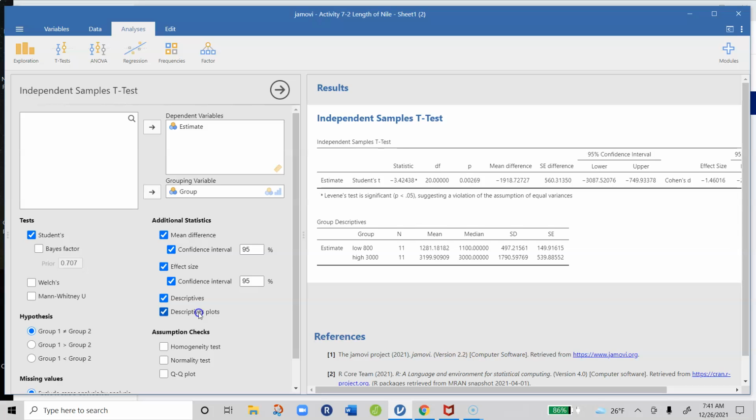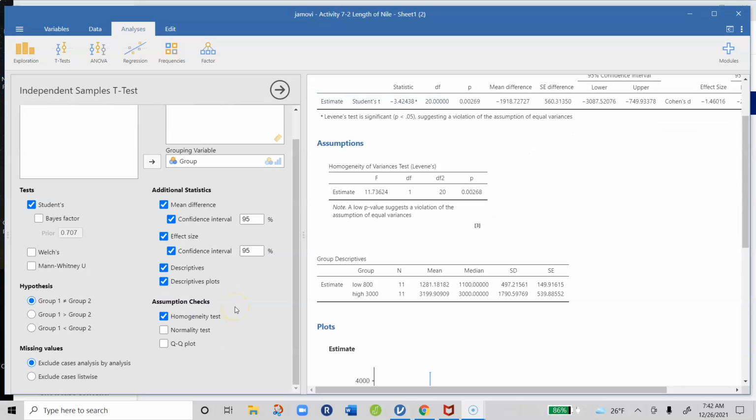descriptives, and descriptive plots. Now, before we interpret any of these statistics, we first need to look at this homogeneity test. This is a test of the assumption of homogeneity of variance. And what that test is looking at is the two standard deviations between the two groups. One assumption of the independent t-test is that those two standard deviations are both estimating the same population parameter. Because later, to do the statistics, the computer is pooling them or averaging those two standard deviations.